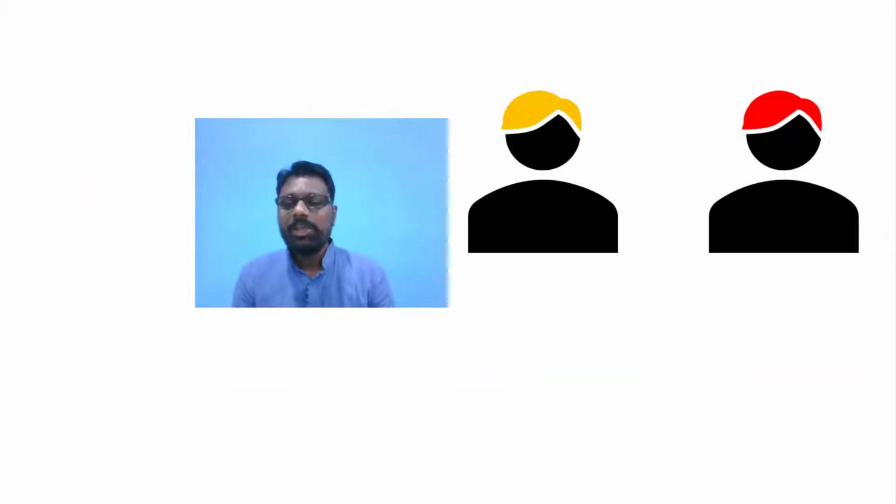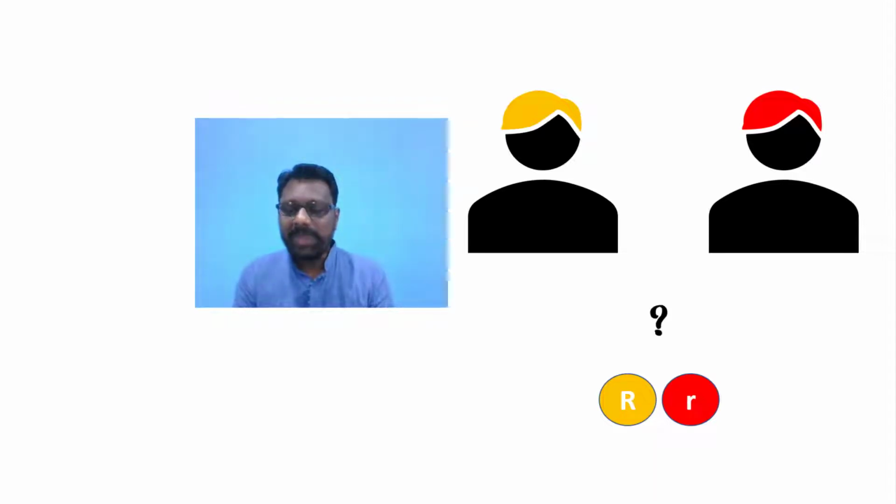Now here, if you look at the two individuals, when we talk about a big R and a little r, what would be the phenotype? Either it is non-red hair or red hair.